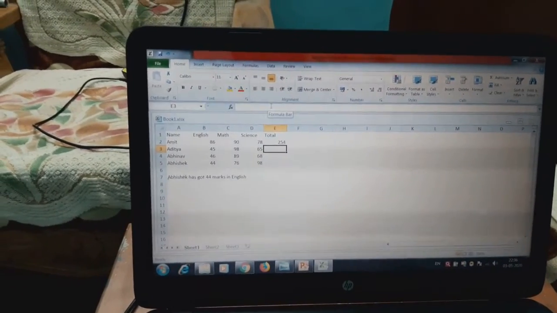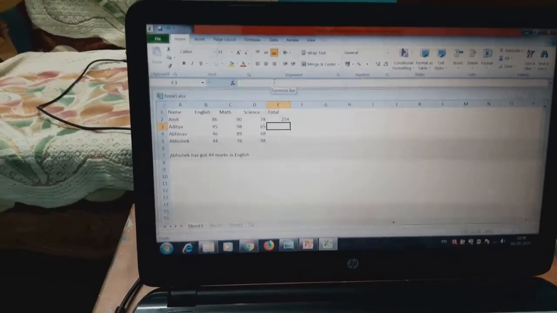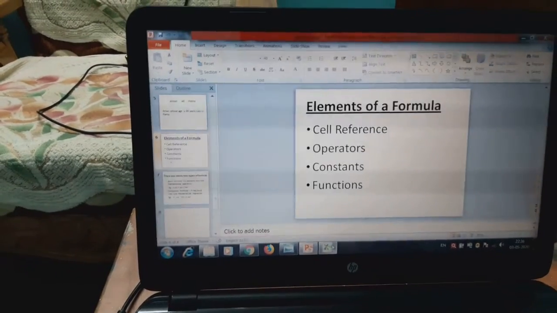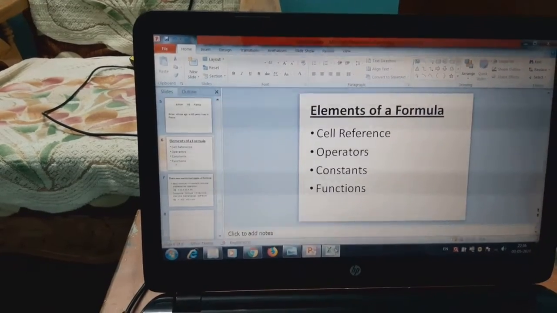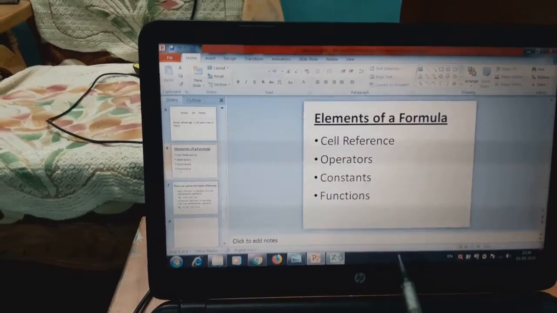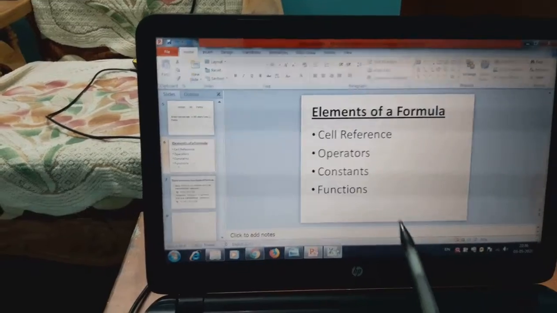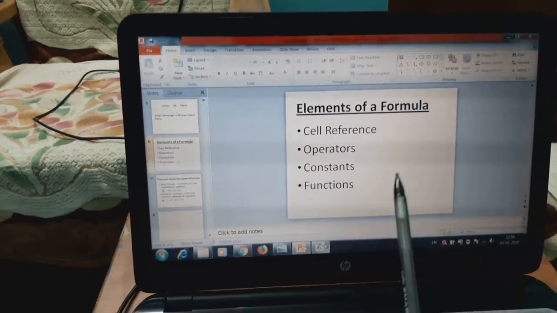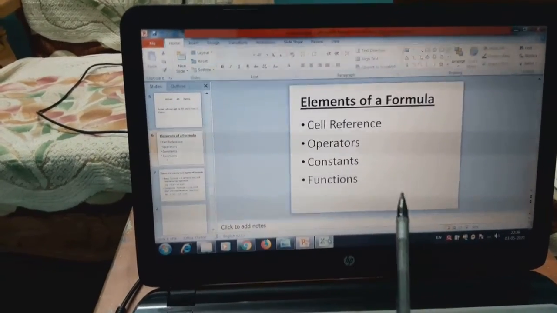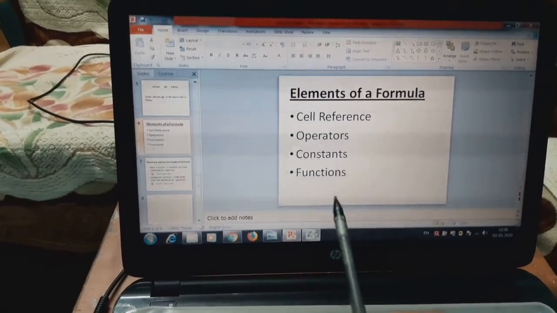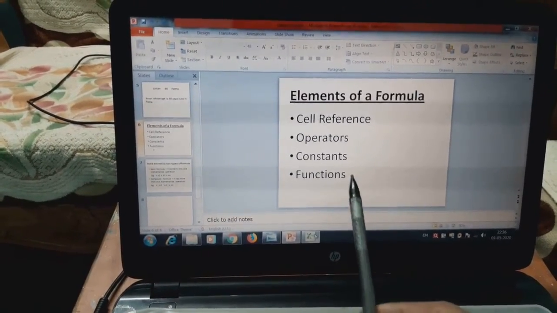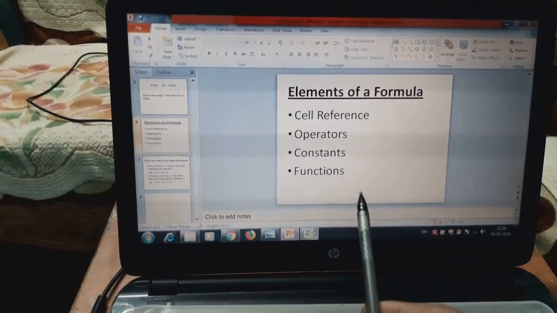Now coming to the next point, operators. Operators specify the type of operation which we want to perform. Some commonly used operators are addition, subtraction, multiplication, division, combination. So these are all operators in MS Excel which are useful for doing mathematical calculation.